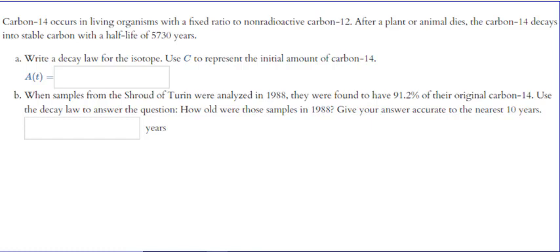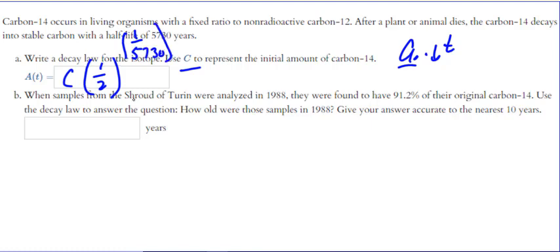After a plant or animal dies, the carbon-14 decays into a stable carbon with a half-life of 5730. This is really the same thing. Make C be A sub 0. Half-life is 1/2. Now, 1 over 5730, because it takes 5,730 years.